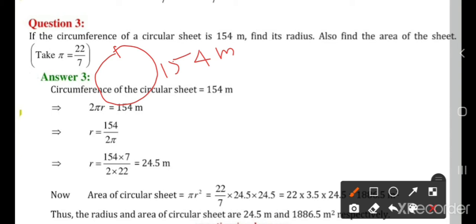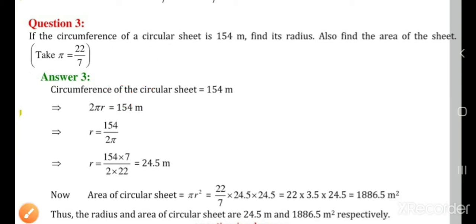Find its radius r. Also find the area of the sheet. So, what all things should you find? Radius, and after finding the radius, the area of the sheet also. And pi value is given as 22/7.